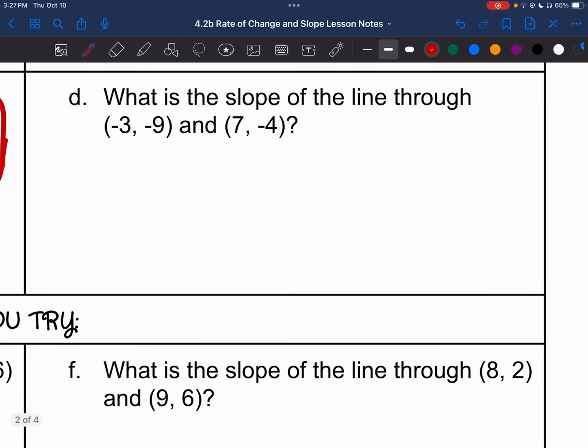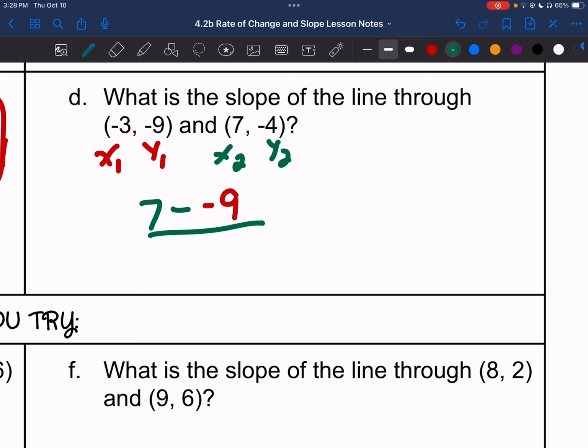Letter D. What is the slope of the line through these points? So again, x1, y1, x2, y2. So we're going to do 7 minus negative 9 over, sorry, not 7, negative 4 minus negative 9 over 7 minus negative 3.